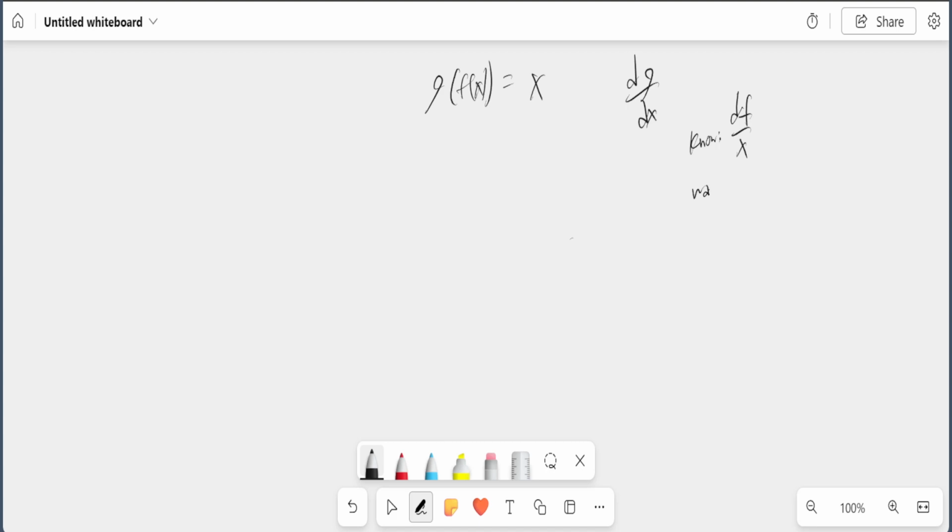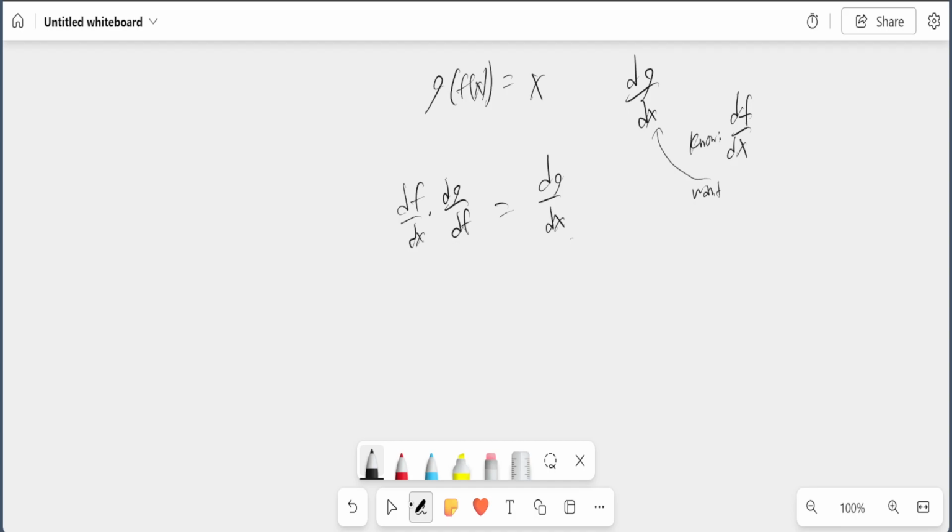And we want dg/dx. Well, we can say df/dx times, what can we multiply that by to get dg/dx? We can multiply that by dg/df, right?